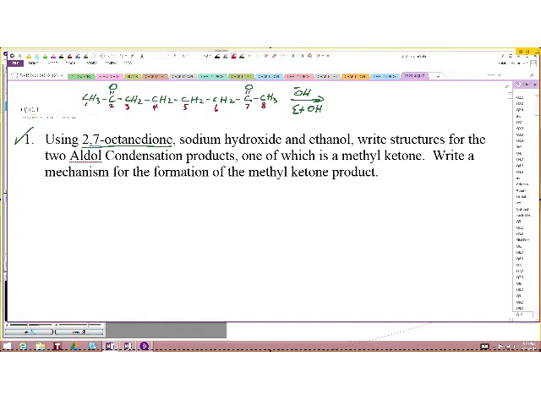Now you're supposed to get two products from Aldol condensation. And you know, when you do an Aldol condensation, one of the carbons will be an alpha carbon that will generate an enolate anion, and then another carbon will be a carbonyl carbon that will be the electrophilic carbon. So in this case, which of these carbons will generate the enolate anion?